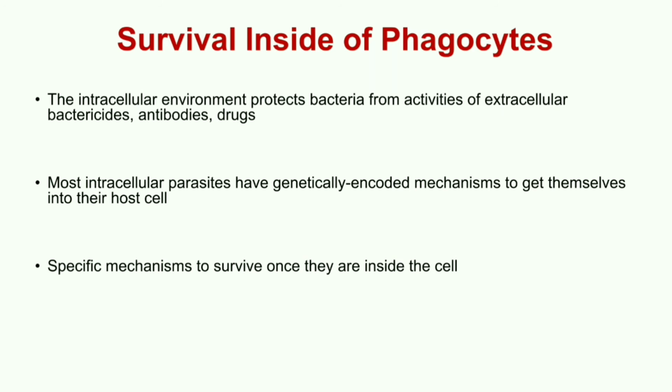Intracellular parasites usually survive by virtue of mechanisms which interfere with the bactericidal activities of the host cells. We will discuss some of these mechanisms, which include inhibition of phagolysosome fusion, survival inside the phagosome, and escape from the phagosome.